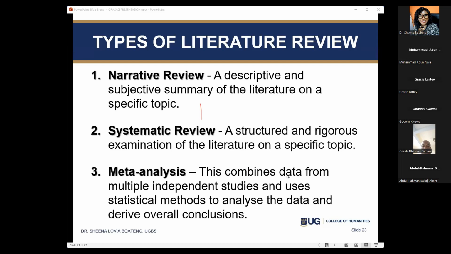But for student work, long essay and thesis, they normally engage in narrative reviews and systematic reviews, of which I always encourage my students to go for a systematic review, because that is the only way they can establish strong enough gaps and have a good grasp of the knowledge in the area in order to come up with a good research problem to base their long essay or thesis on, right?